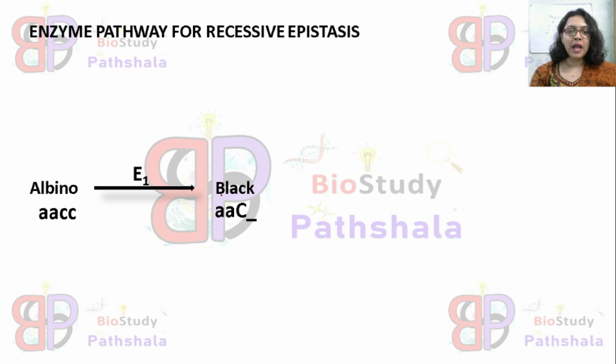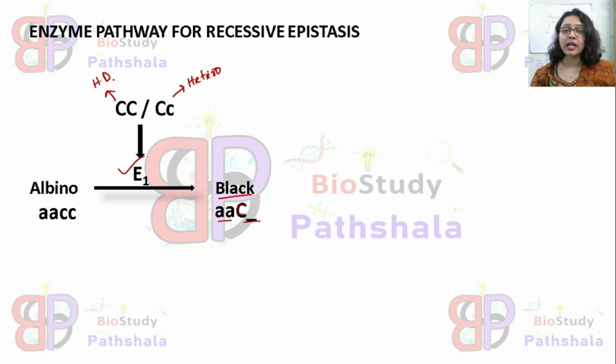So this black color, coded by small a capital C dash, that means presence of one dominant allele of C gene leads to formation of black pigment. This E1 enzyme is the product of capital C or capital C small c. That means homozygous dominant condition of C gene or heterozygous condition of C gene leads to formation of black color, and the precursor of E1 enzyme is of course albino.